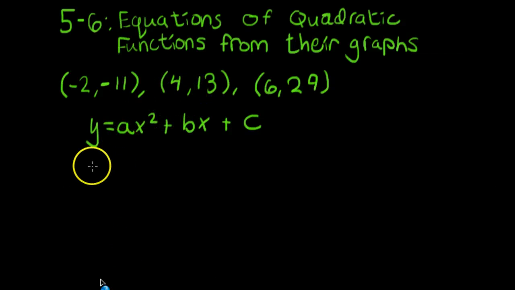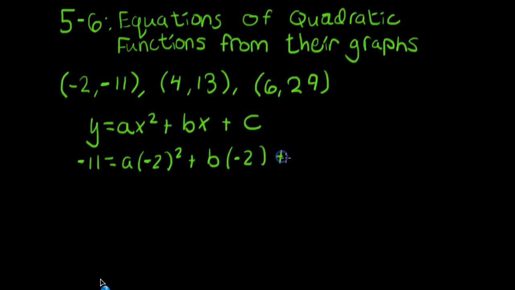So the first one, we're going to have -11 equals a times -2 squared plus b times -2 plus c. And then we can transform this and say -11 equals 4a minus 2b plus c.